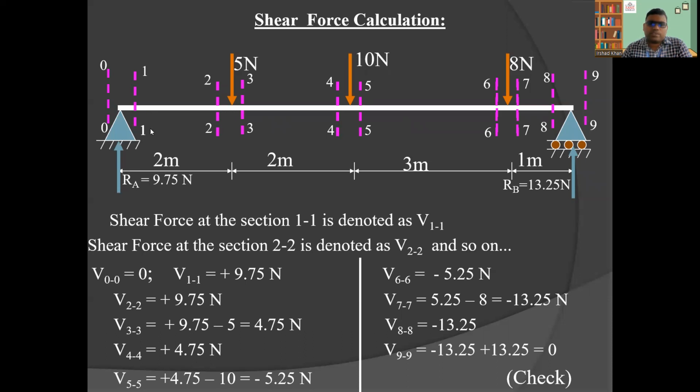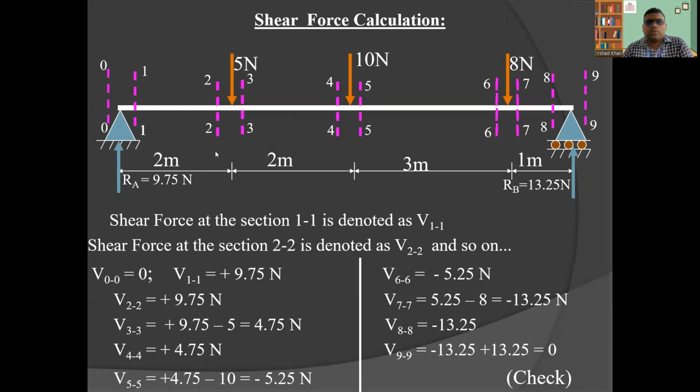In the 1-1 section, V 1-1, only RA comes under this section, the value of RA is 9.75, and we know the sign convention: when the load acts from down to up on the left side of the section, it must be positive. So V 1-1 is plus 9.75.